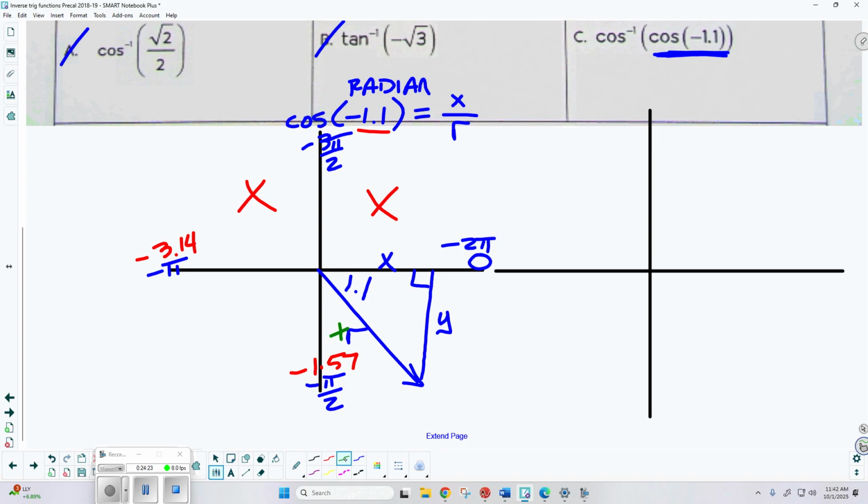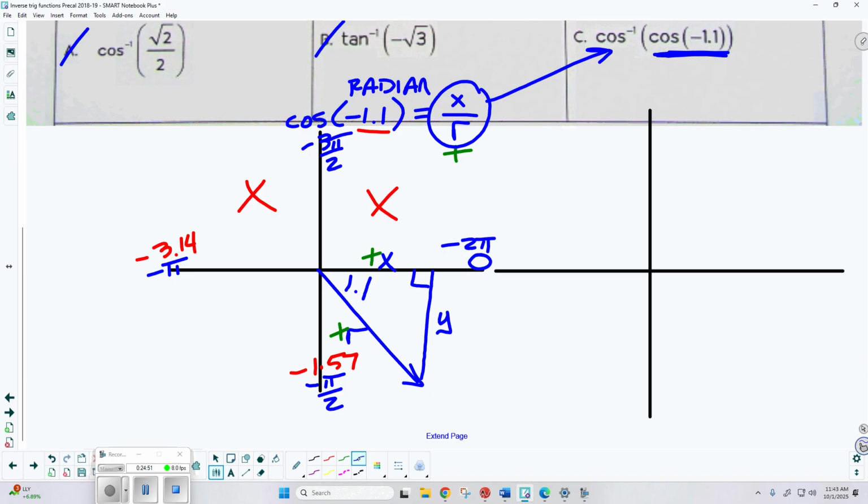Now, remember, we're in quadrant 4. What's the only value that's negative there? The y, so the x is positive. So whatever this fraction is, it's got to be positive. Now, this is another leap of faith. I have no idea what x over r is. Okay? But I'm still going to take it, and I'm going to plug it into the next function.